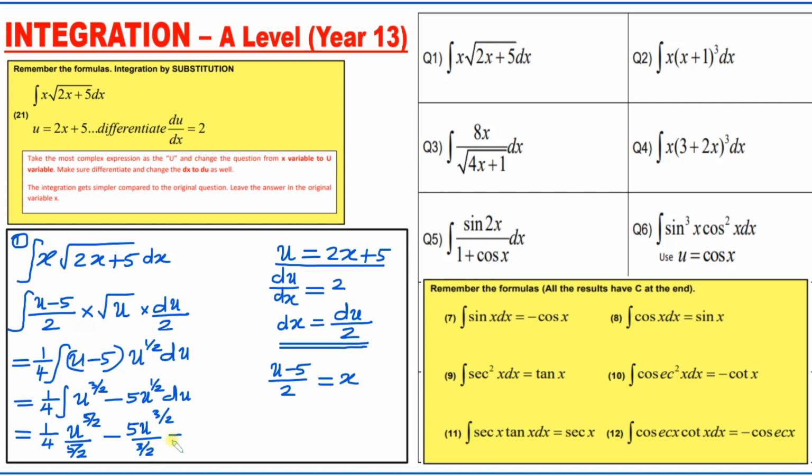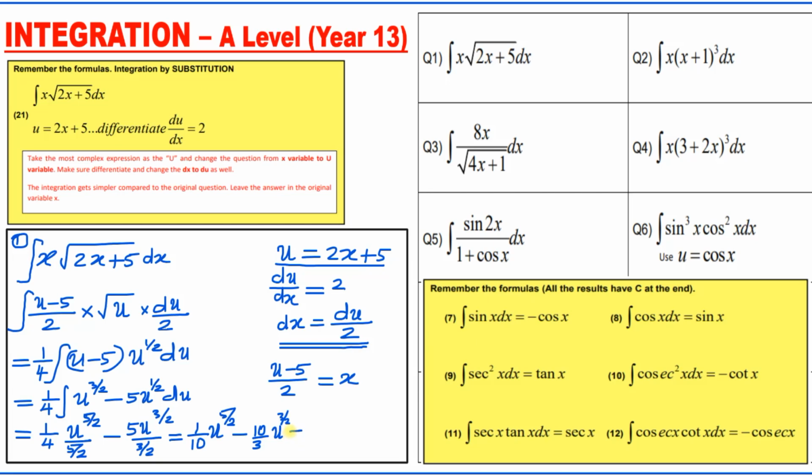Let me simplify a little nicer. The 2 goes up, 2 over 20, which is 1 over 10 u to the power 5 over 2, minus 10 over 3 u to the power 3 over 2.